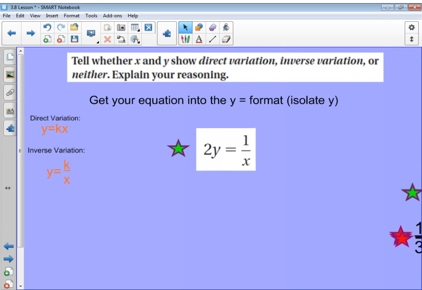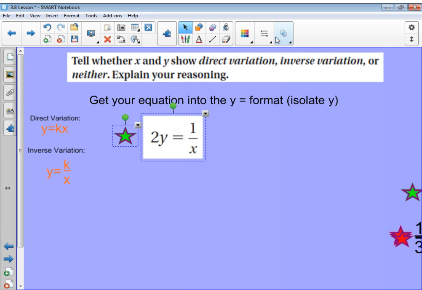Okay, so I want you to try this one. Go ahead and pause your video and work to isolate y, and then restart it and check yourself.